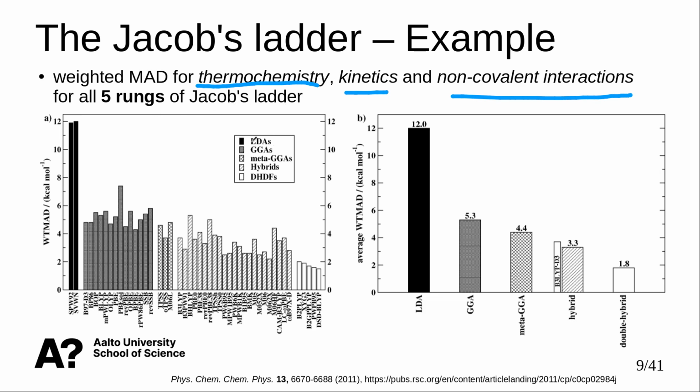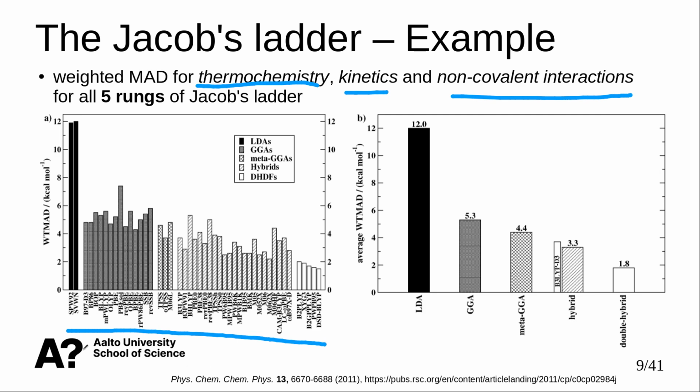So in black we have LDA, then in gray we have the GGAs, the cross pattern is meta GGA, the striped are the hybrids, and blank is the double hybrids. And what we see, if we check on the left hand side, are all the different functionals they used.